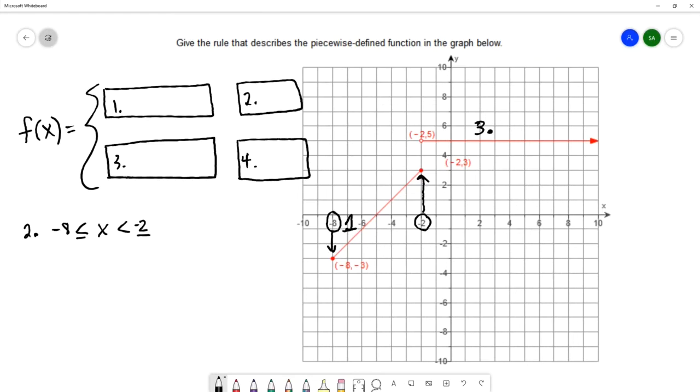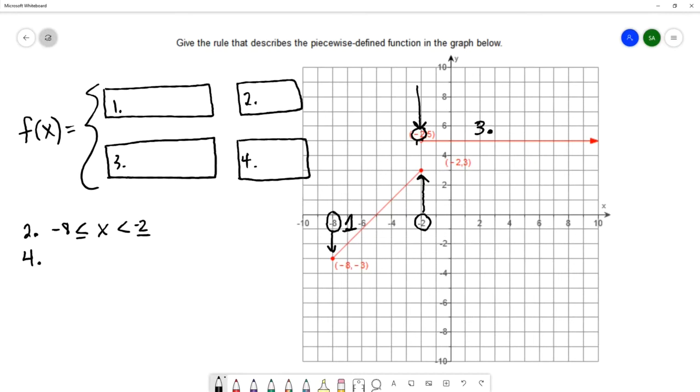So then for the other equation that I've labeled with number 3, I'm going to find the conditions for that equation. And I can see that this line starts with an x of -2.